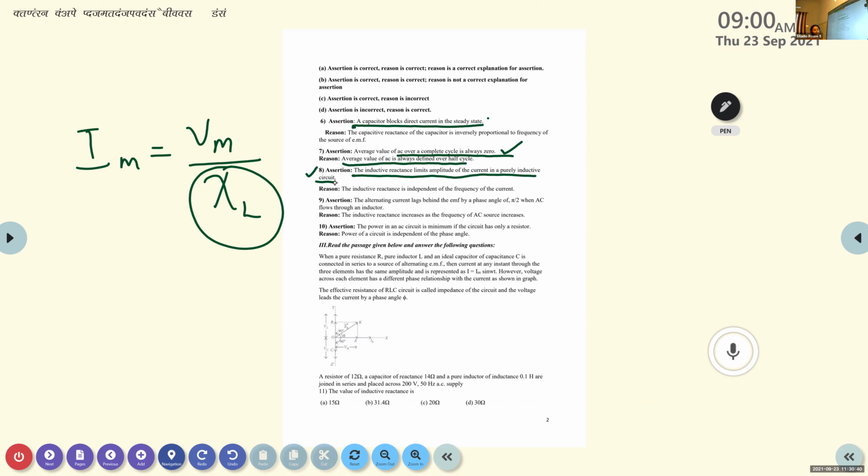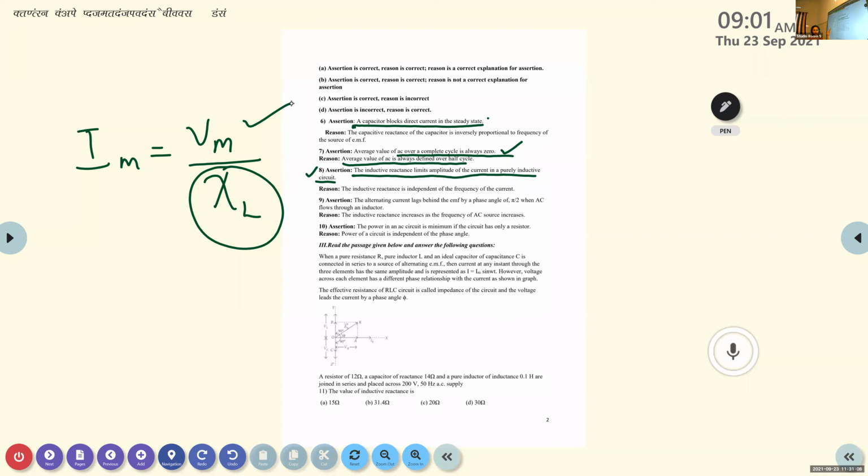Inductive reactance limits or allows the current? They are inversely proportional to each other. From this equation, it is clear that both the inductive reactance and the maximum value of the current are inversely proportional to each other. So which one is correct: inductive reactance limits or it allows?